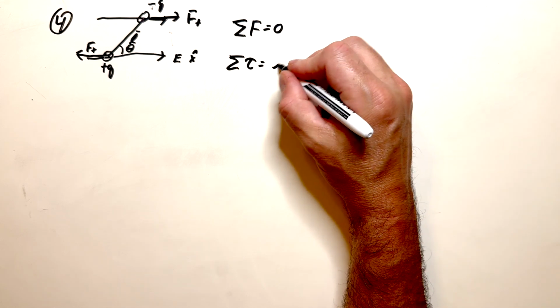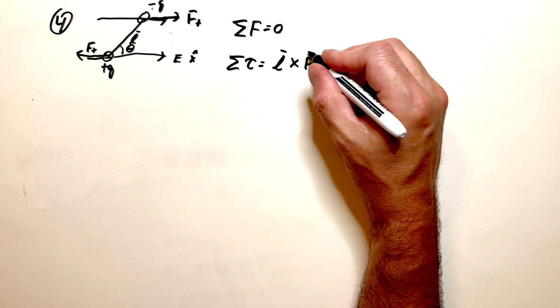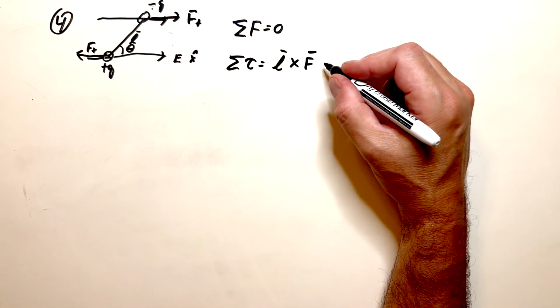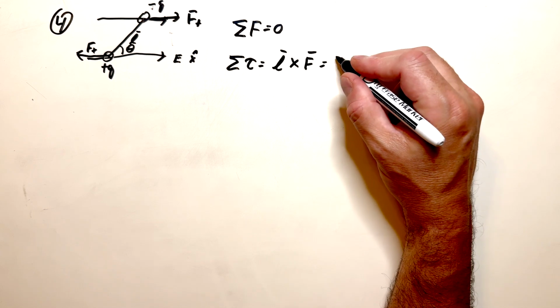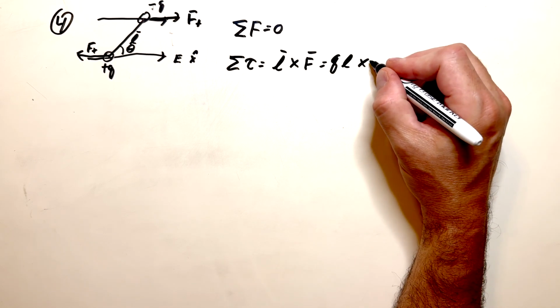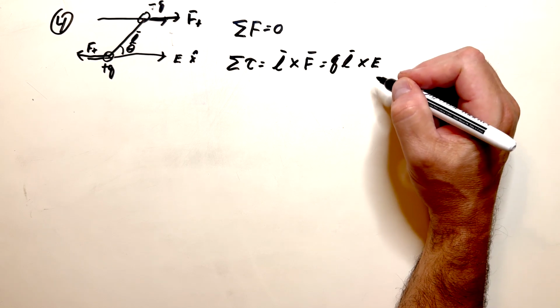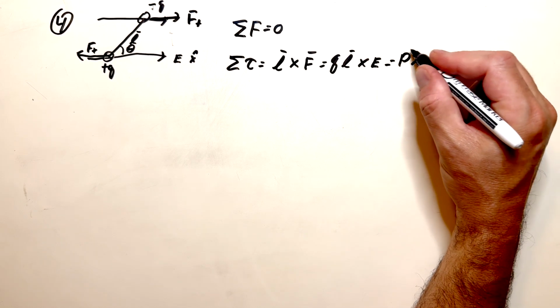And so what's the torque going to be? Well, it's the vector L crossed with F for either of these charges, where L is acting as the lever arm, if you want to think of it that way. And so that would be Q times L cross E, which is equal to P cross E.